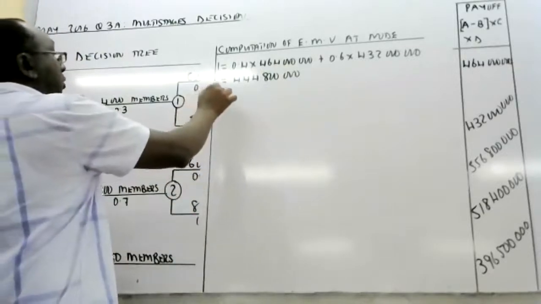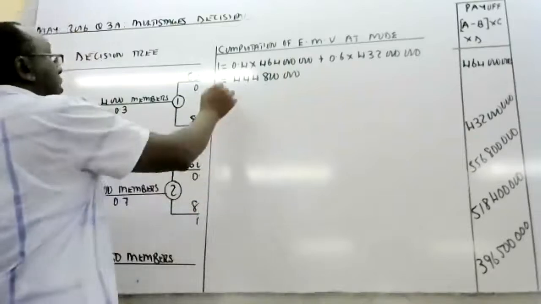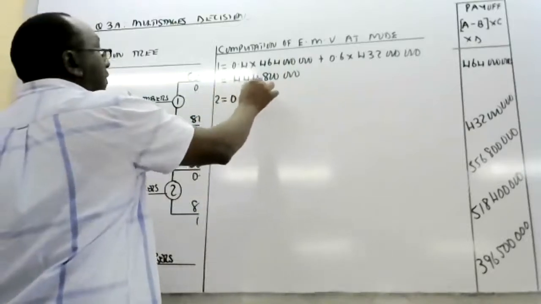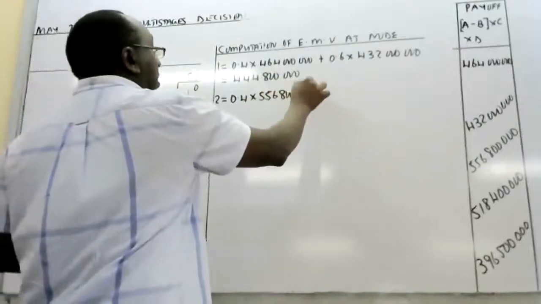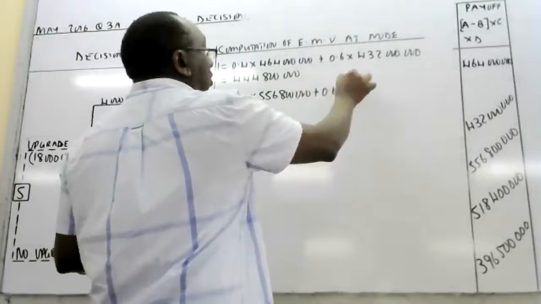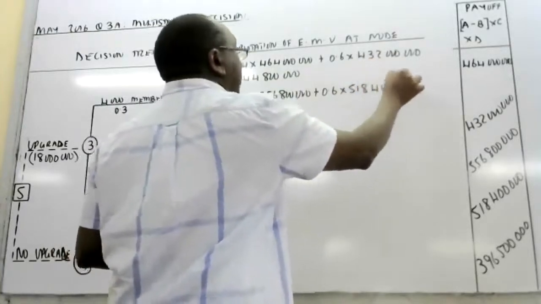We go to number 2. Number 2 is 0.4 times 556,800 plus 0.6 times 518,400.